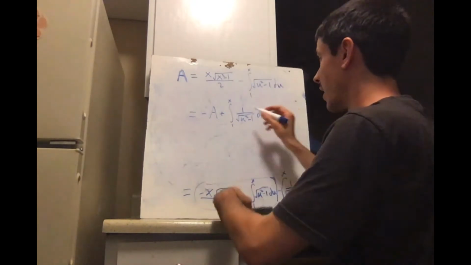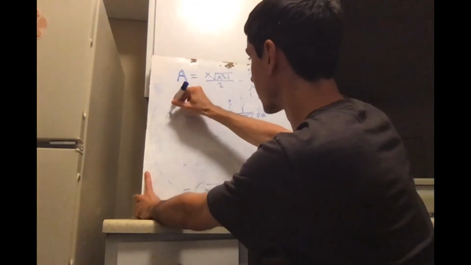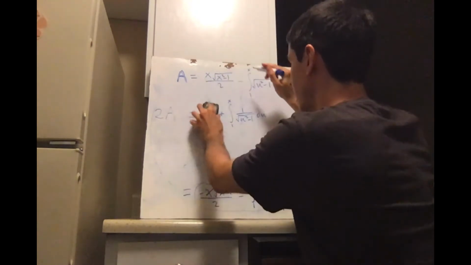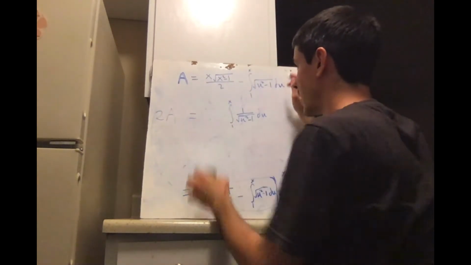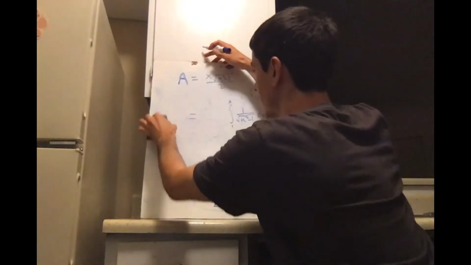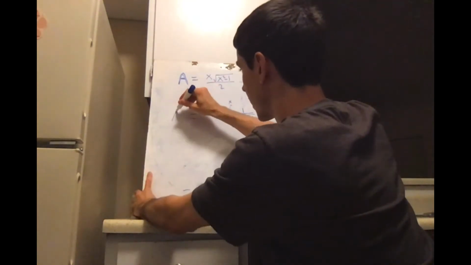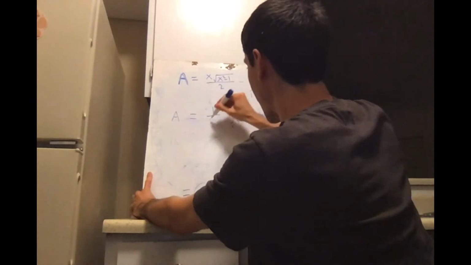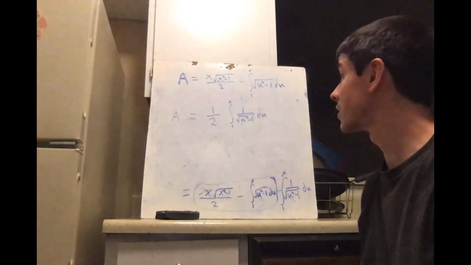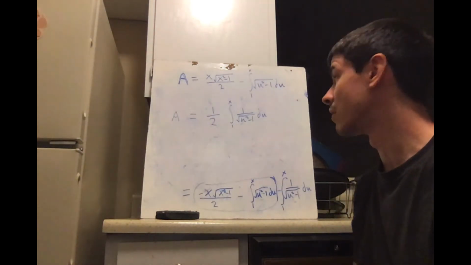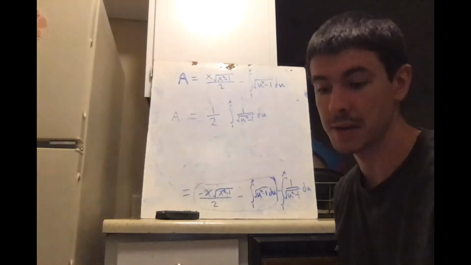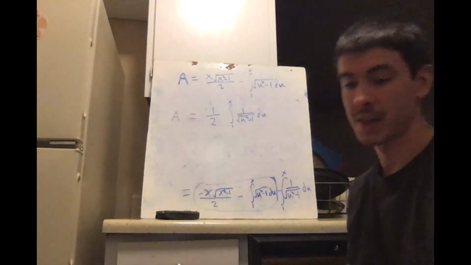So A equals this, then we add A to both sides, so we get 2A equals this, and then dividing both sides by 2, we get A equals 1/2 the integral from 1 to x of 1 over the square root of u squared minus 1.